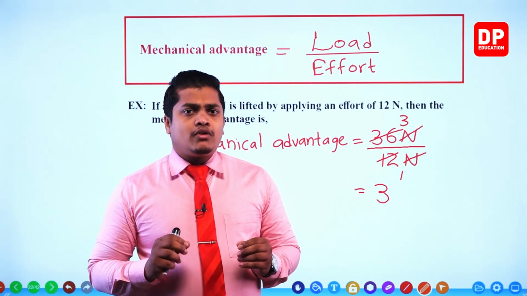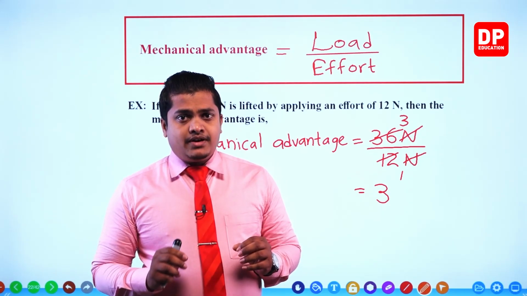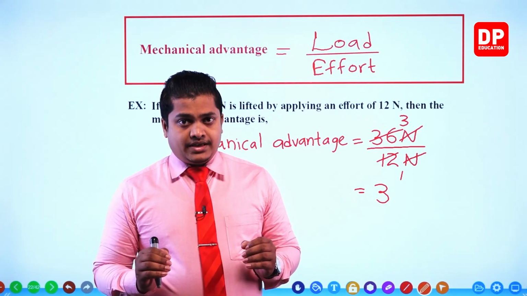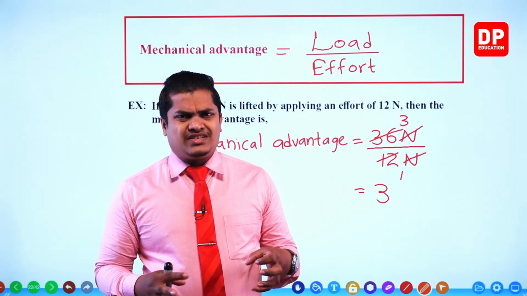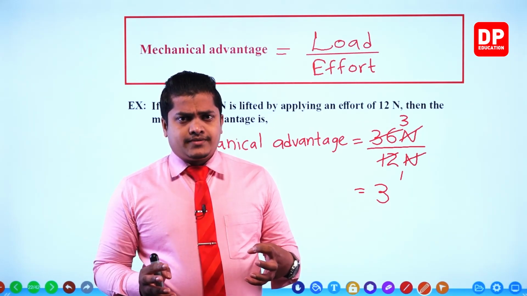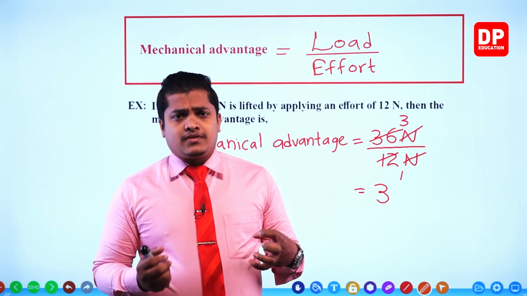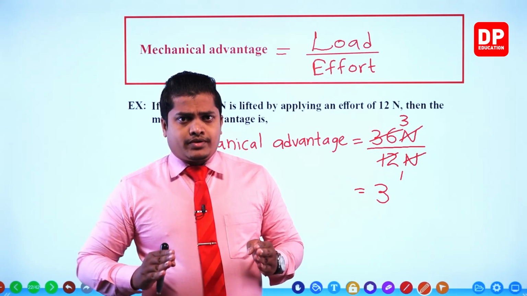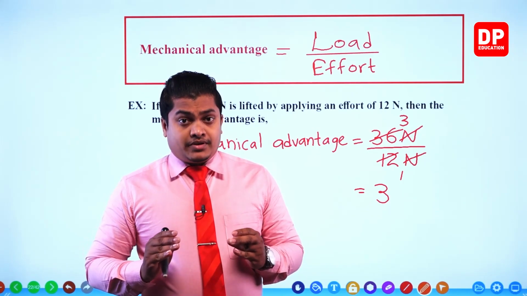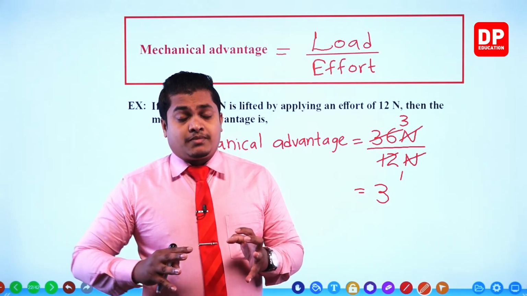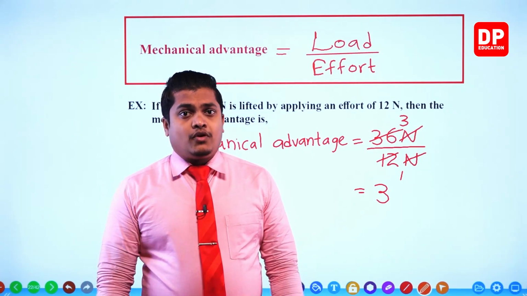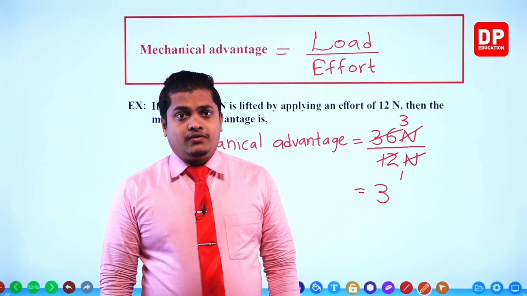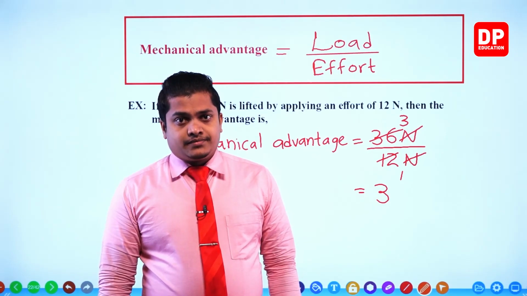We'll be learning about levers even more in the next chapter, my dear children. Over there we'll be discussing several types of levers with several orders. By changing the position of the fulcrum, load and the effort, there can be 3 types of orders or 3 types of levers.